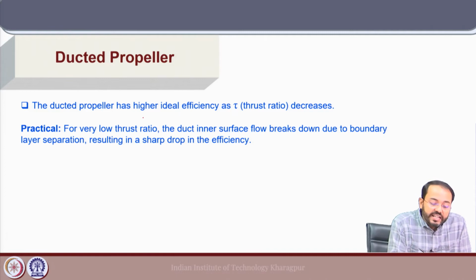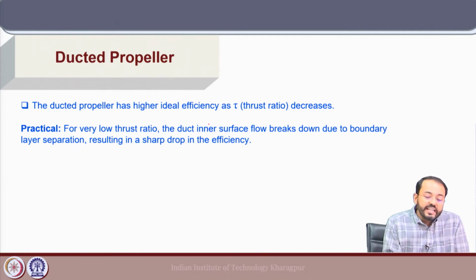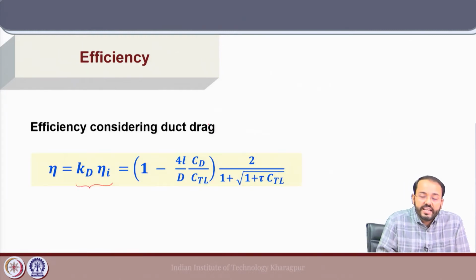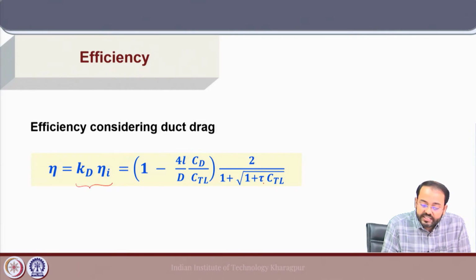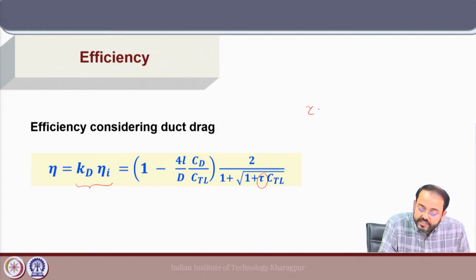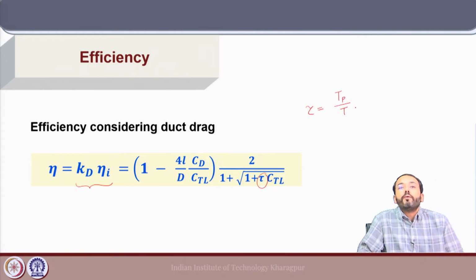First, it is seen that as tau decreases in the ideal efficiency equation, if we go back again, tau is in the denominator and tau is given by Tp by T, the propeller thrust to the total thrust.